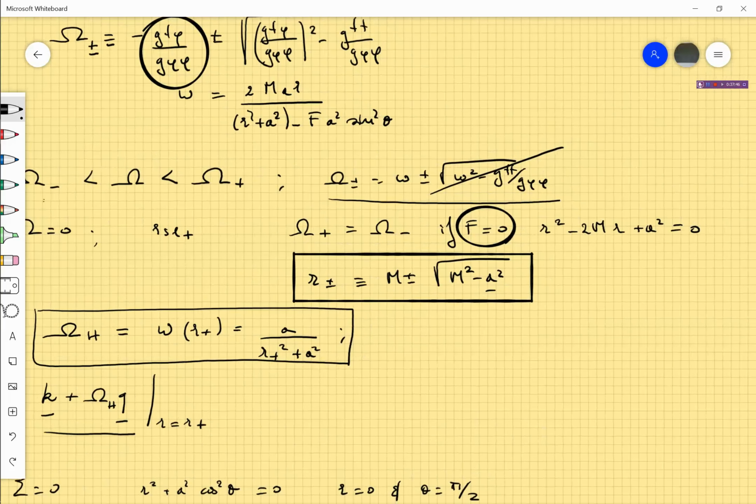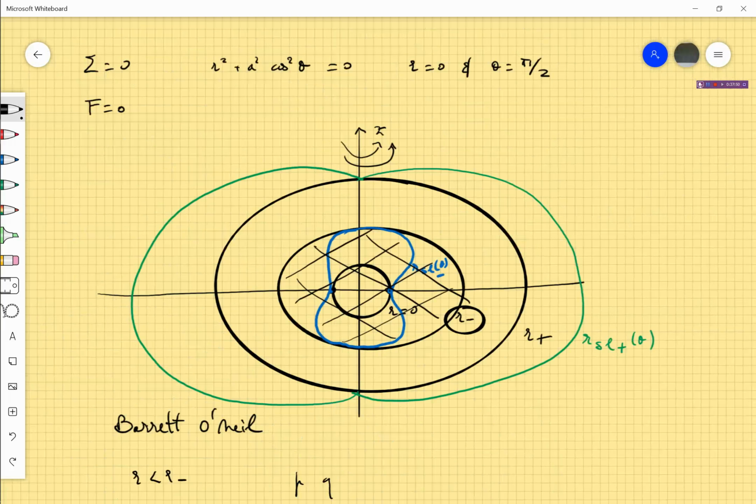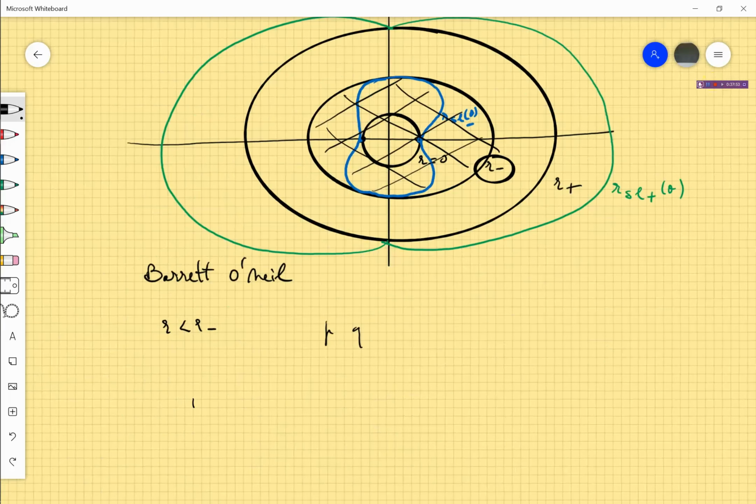So C is exactly the same, and f, I will write it here, instead of being just this, has an additional term, Q squared. So just like this, very simple.